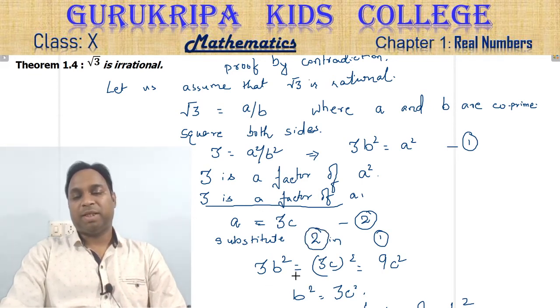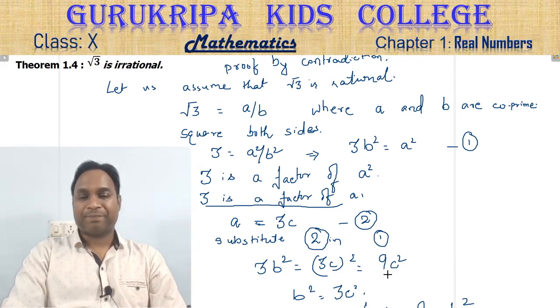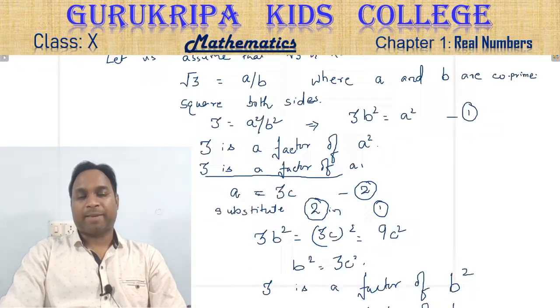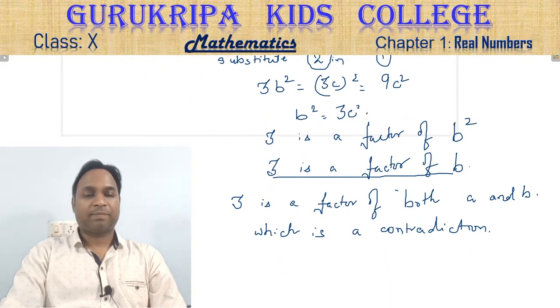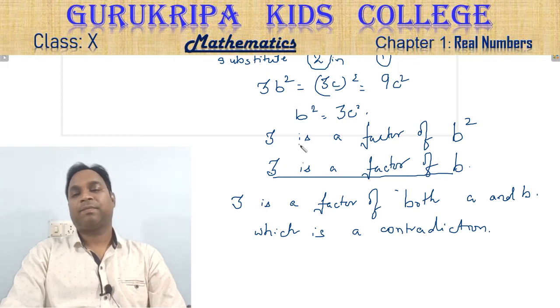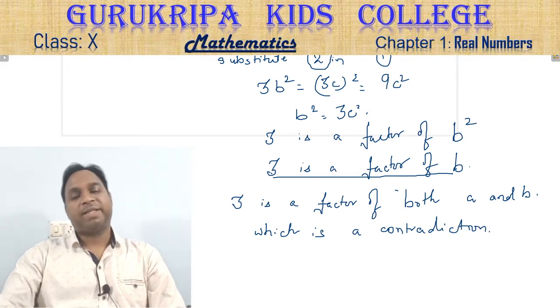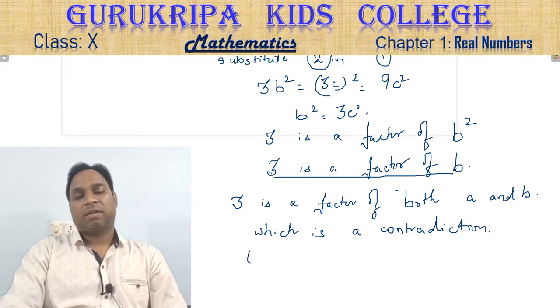Then you get 3b square is equal to 3c whole square, that is equal to 9c square. This gives us b square is equal to 3c square. Again, 3 is a factor of b square, that gives 3 is a factor of b, which gives us 3 is a factor of both a and b, which is a contradiction. We have arrived at a contradiction, means our assumption is wrong.